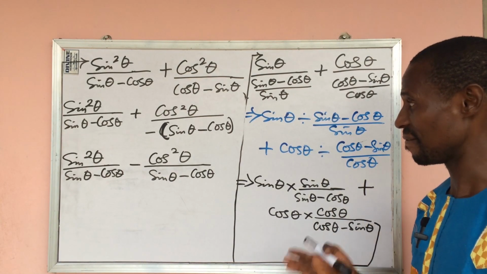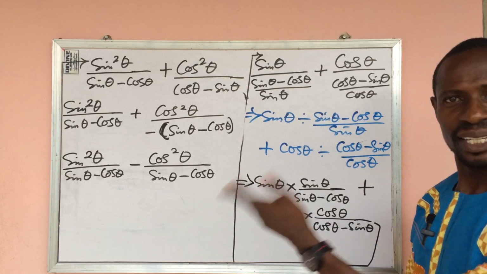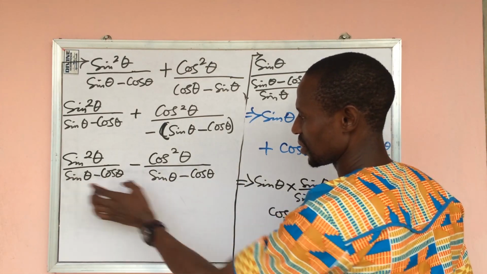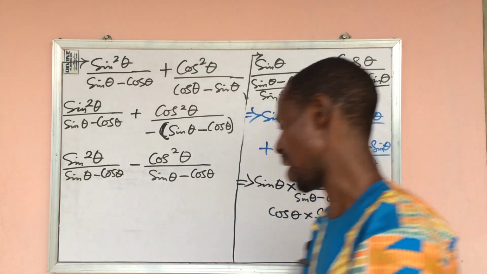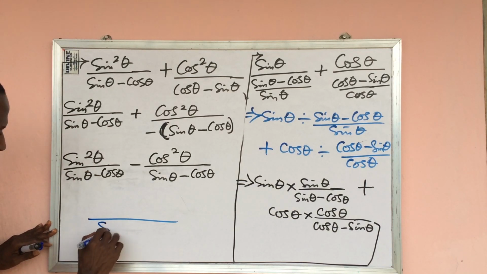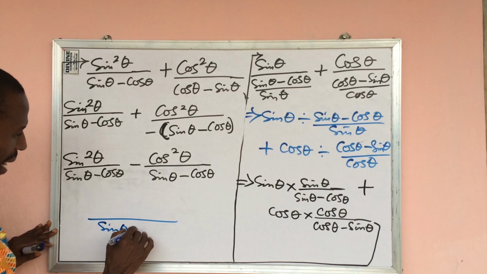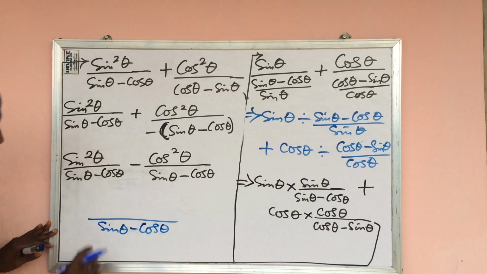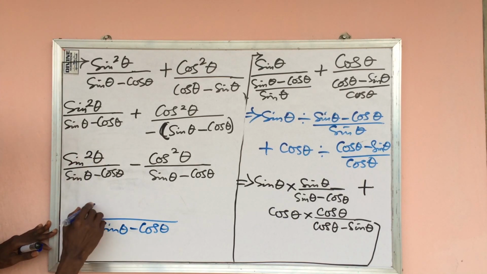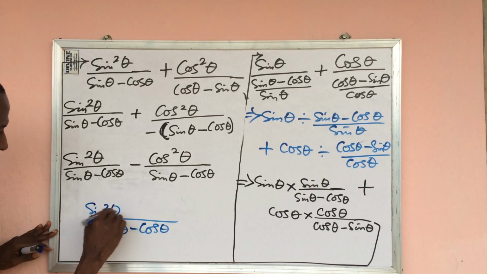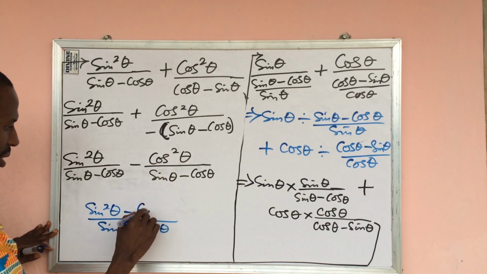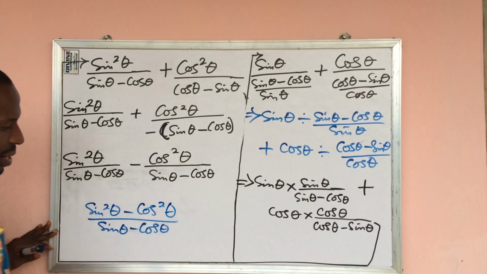We have a common denominator, sine theta minus cos theta. So the numerator will give us sine square theta minus cos square theta.